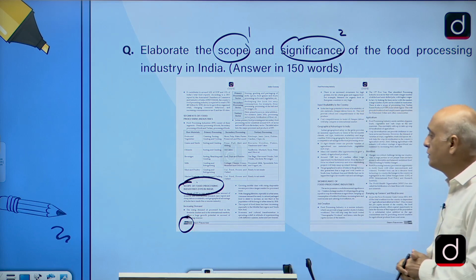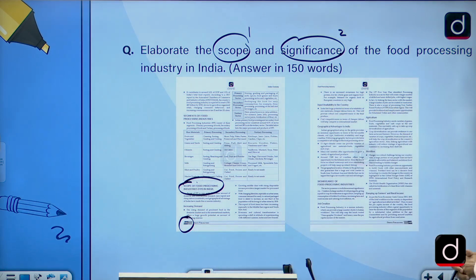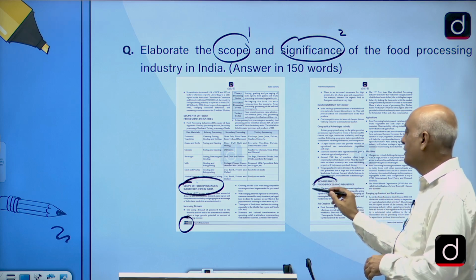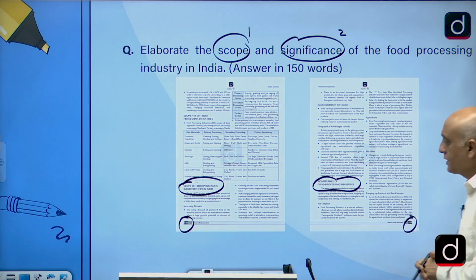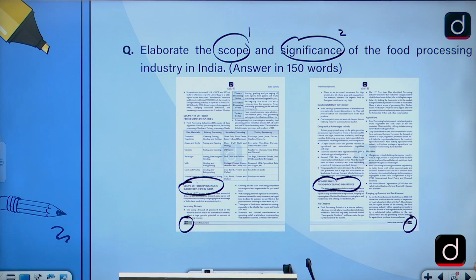You can go through this page for detail, and it's quite nicely explained. And fortunately, on the next page, 349, you have a direct title, Significance of Food Processing Industry. So the whole answer is given in the two pages 348 and 349.